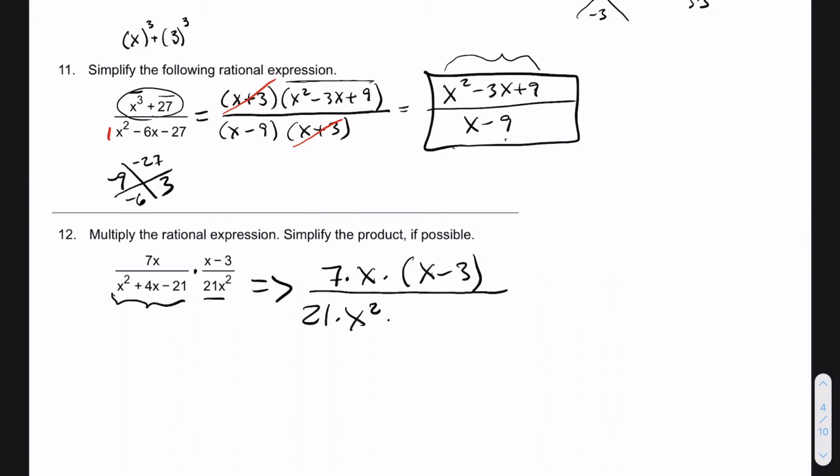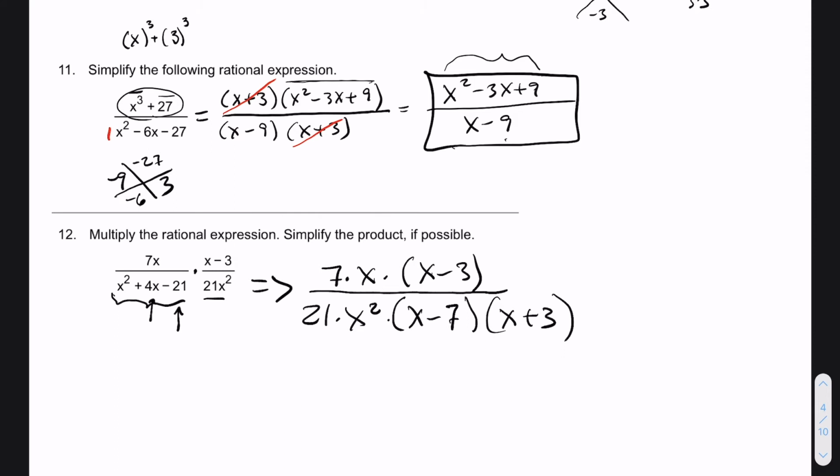What multiplies to negative 21 and adds to 4? How about x plus 7? Whoops, sorry, that's not going to be negative. How about x minus 7 times x plus 3? You can see I set negative 7 and 3.